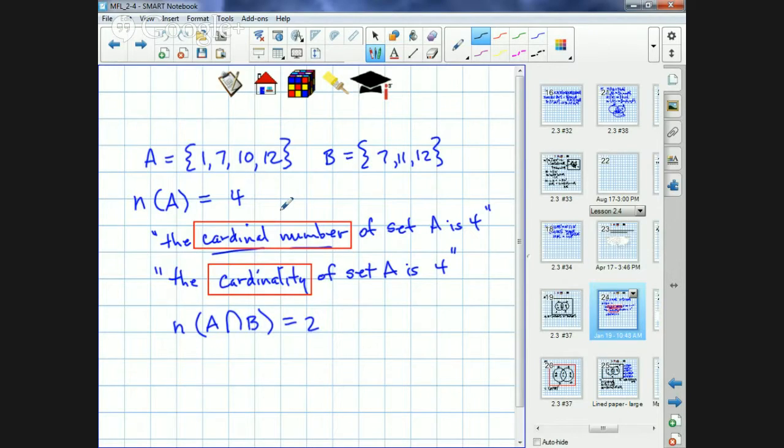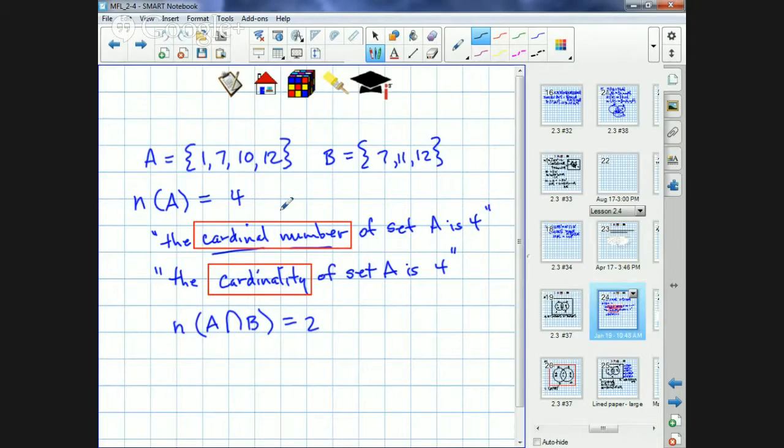Let me give you a quick contrast. When we say the Brewers are in first place right now in the National League, that's called an ordinal number because it refers to what order the Brewers are in. They're first. But a cardinal number has nothing to do with order. That's simply the count.